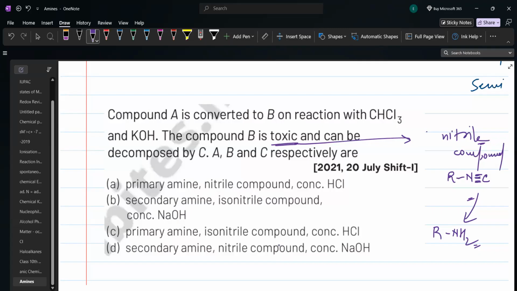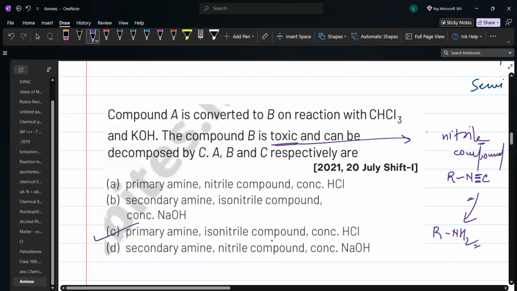So what should be the answer? C, the answer is C.